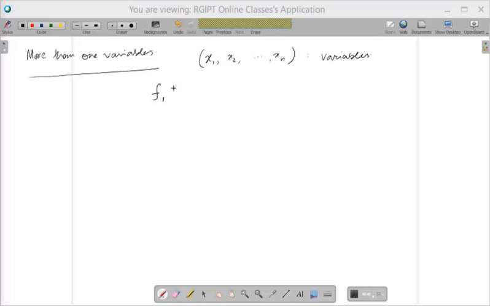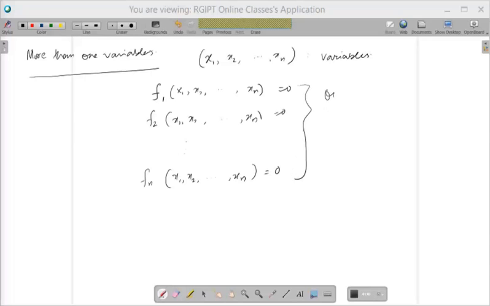So f1 of x1, x2 up to xn is 0, f2 of x1, x2 up to xn is 0, and so on. I have n independent equations. I'm not going to bother about how to check whether they are independent. We'll assume they are all independent, and one or more of these can be nonlinear functions.